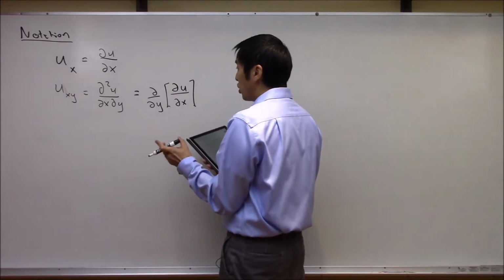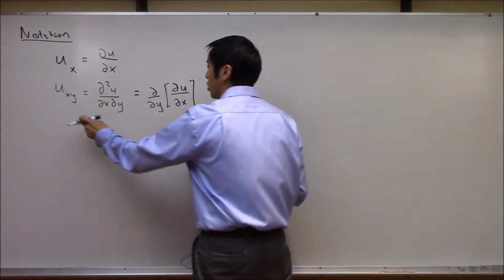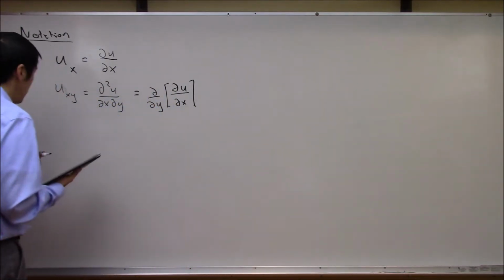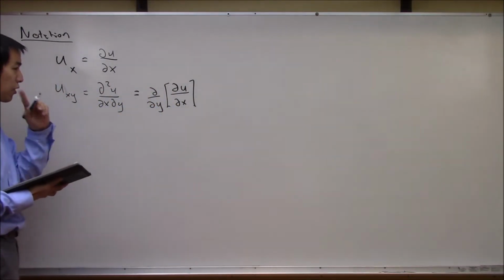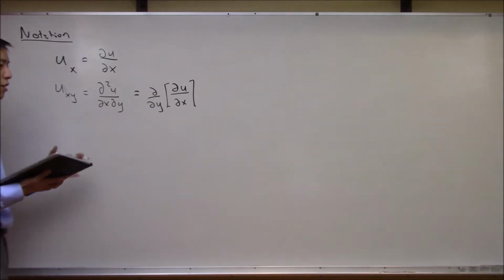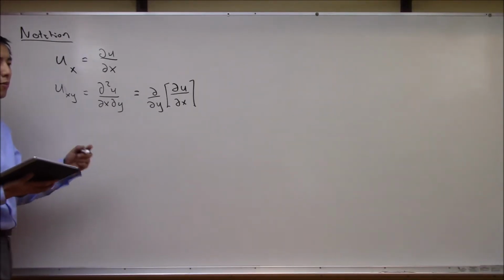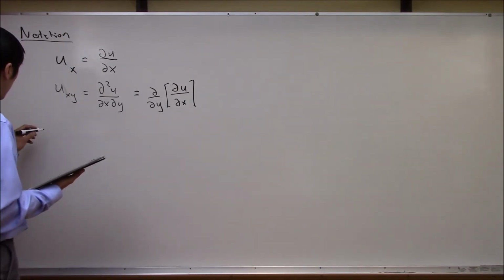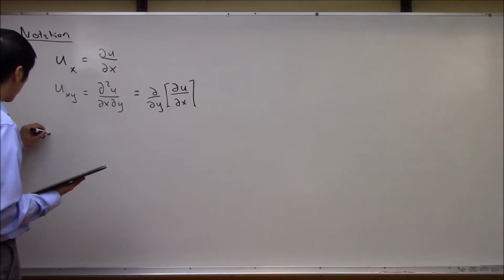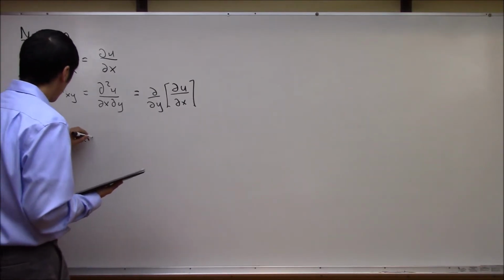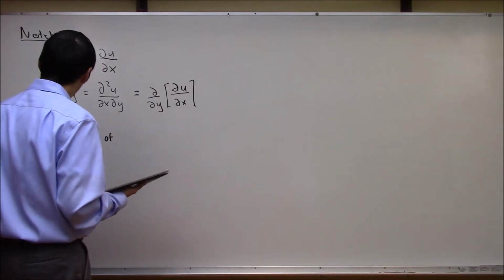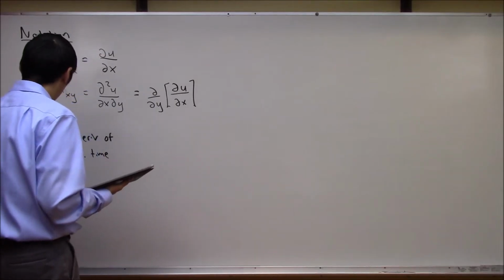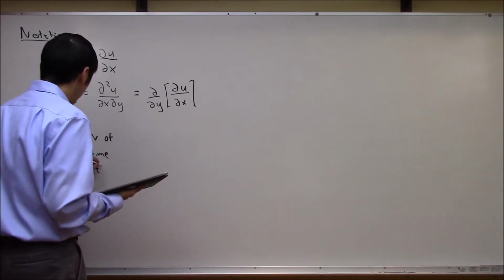So in physics and engineering, instead of just these subscripts, you might see what's called dot and prime notation. Usually we're going to see later on that the two most popular independent variables are t for time and then something else for space. So in other words, you might see something trying to write down the second derivative of u with respect to the time variable, usually t.